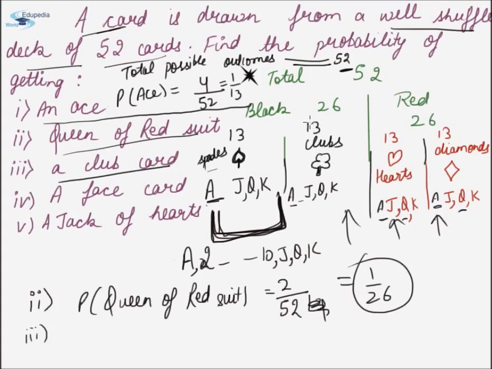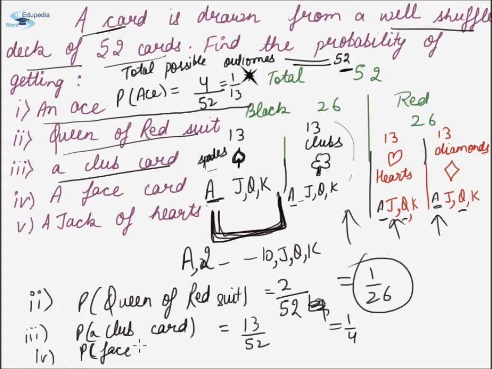Friends, we have 13 club cards. So, the probability that the card drawn from the well shuffled deck of 52 cards is a club card is 13 over 52, that is 1 over 4.